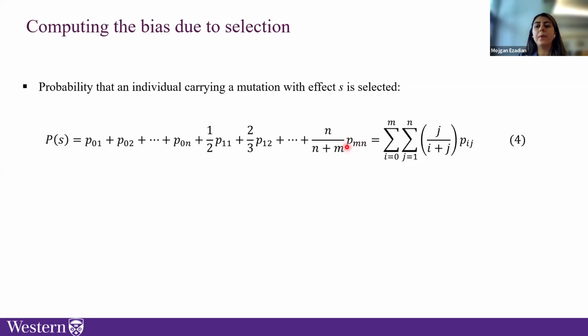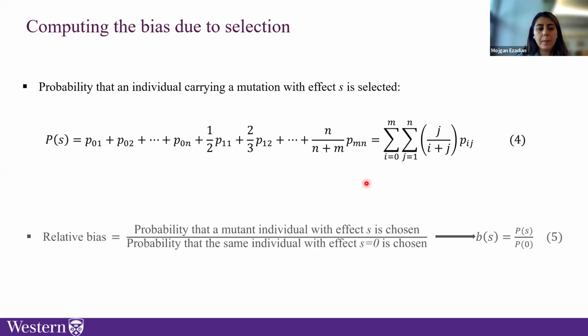The probability that a mutated one is chosen is N over N plus M times P_MN, as an example. So the relative bias is equal to the probability that a mutated individual with effect S is chosen over the probability that the same individual with effect 0 is chosen.